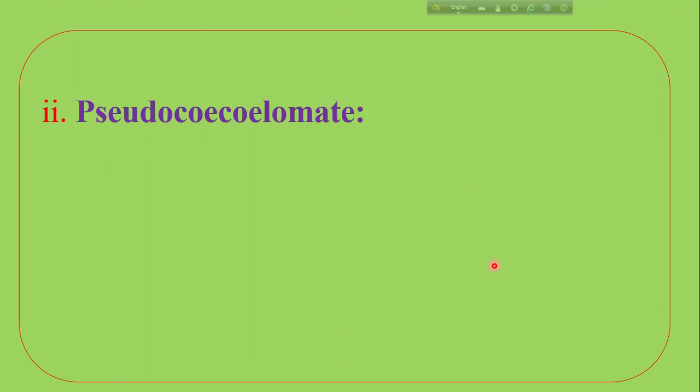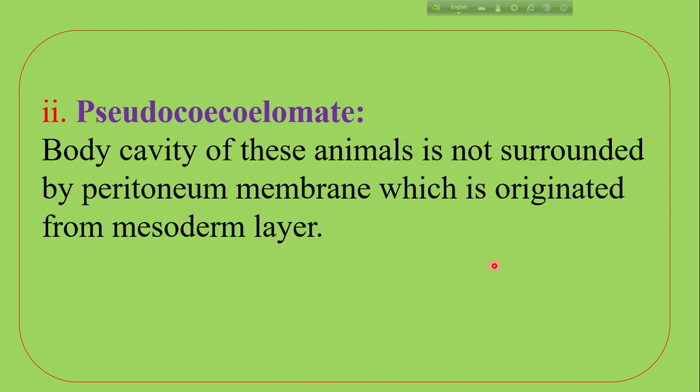Pseudocoelomate. The body cavity of these animals is not surrounded by peritoneum membrane originated from the mesoderm layer. Pseudocoelomate, pseudo means false, false coelom: looks like coelom but is not coelom.